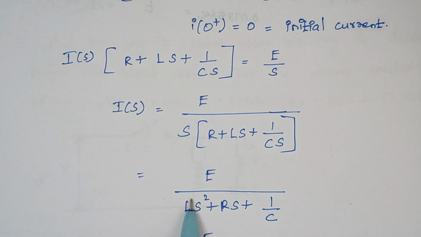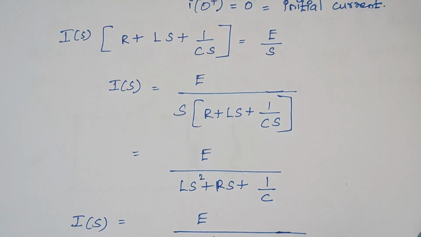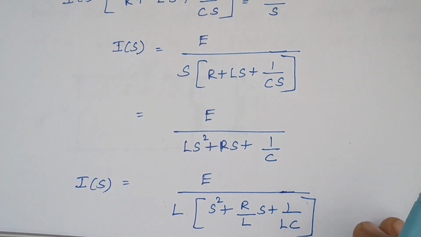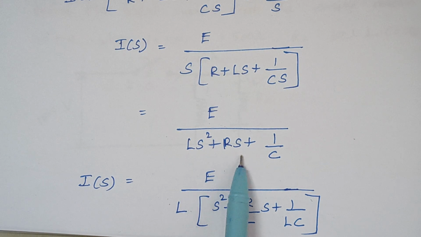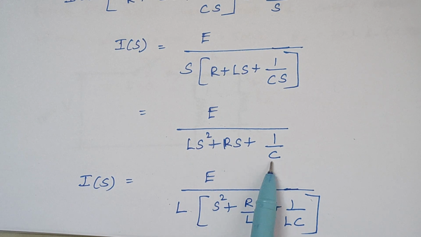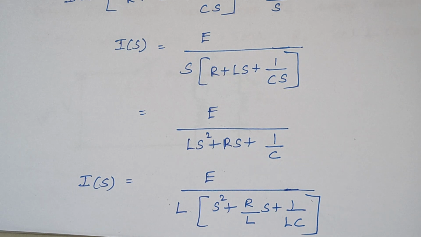There is an extra L present here, so I am taking that outside. When you take that L outside, our expression is S square plus R by L S plus 1 by LC. This is the expression for I of S.